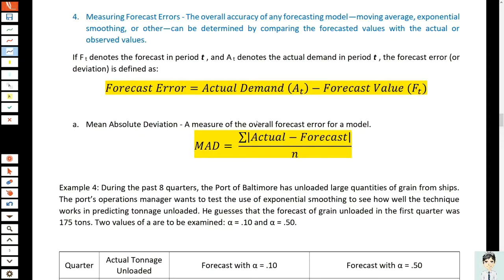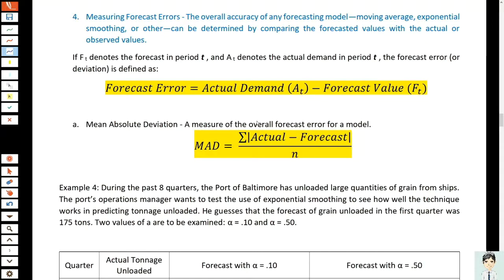The next topic to be discussed is about measuring forecast errors. The overall accuracy of any forecasting model, it can be a moving average or exponential smoothing or other, can be determined by comparing the forecasted values with the actual or observed values.